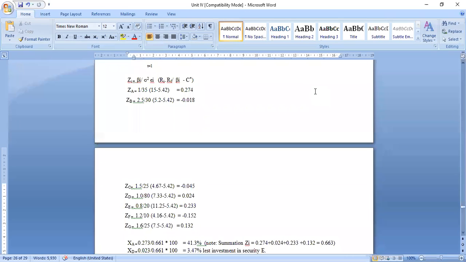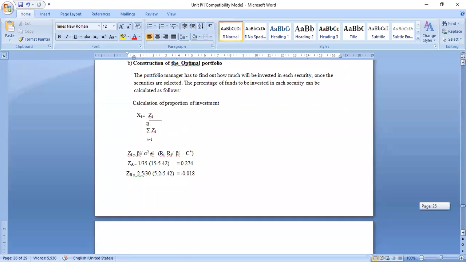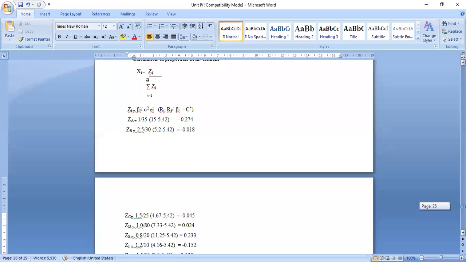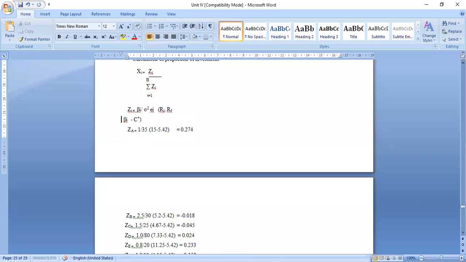So Netra Patil, what are you asking about the denominator? Ma'am, in this formula, is Ri minus Rf divided by Beta i in brackets, or is C star in place of the denominator, or is it whole minus C star? Okay, so you're getting confused with this. It is whole here.